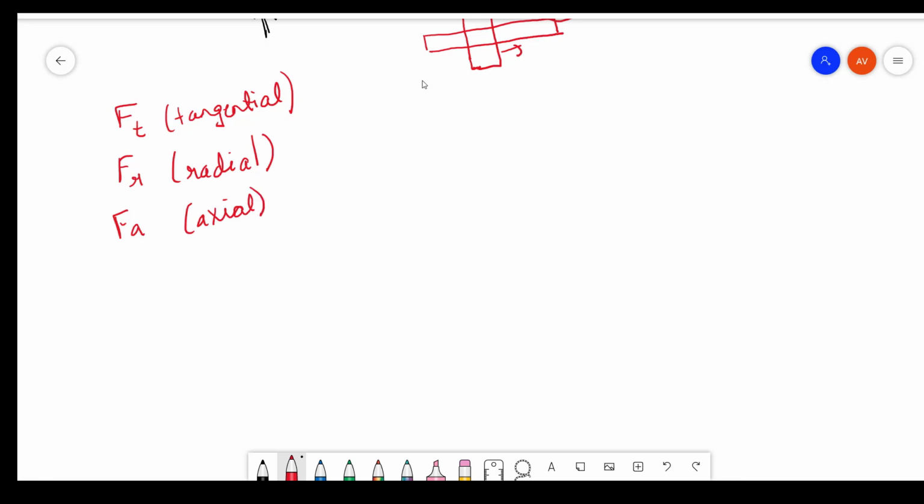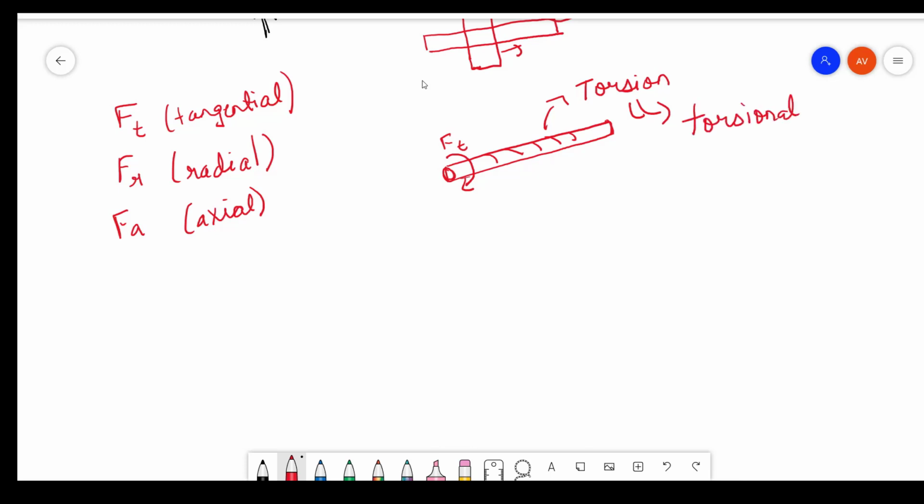If I have a rod like this, let's say in a 3D view, and some force like this, which is basically the tangential force, it's going to create torsion. Due to this torsion, we are going to get some torsional shear stress on this rod.